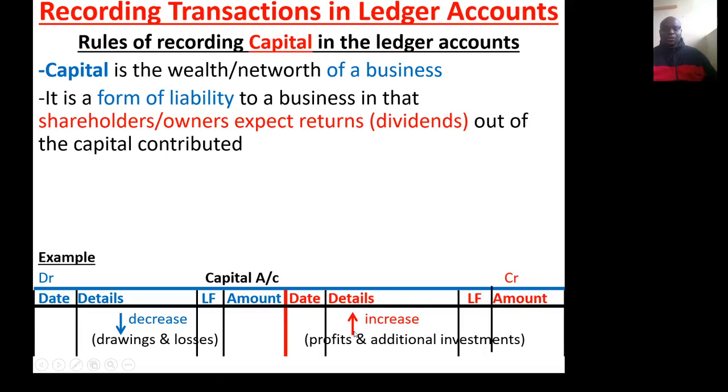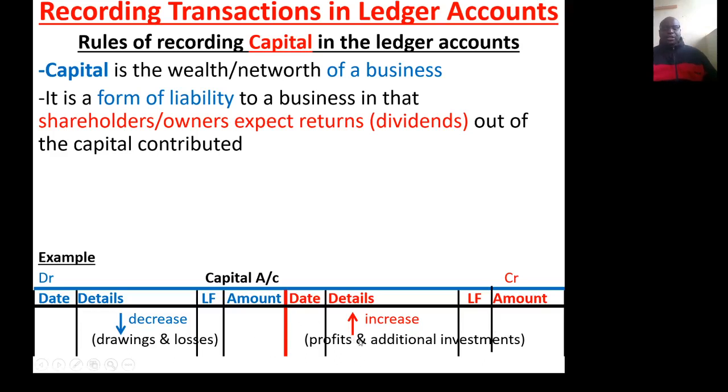And capital increases due to additional investments, either in cash, you inject new cash in the business, or even stock, or even a fixed asset that was previously owned by others. You bring it into the business for use, probably a machine, a vehicle, or even a new building. It's part of capital.